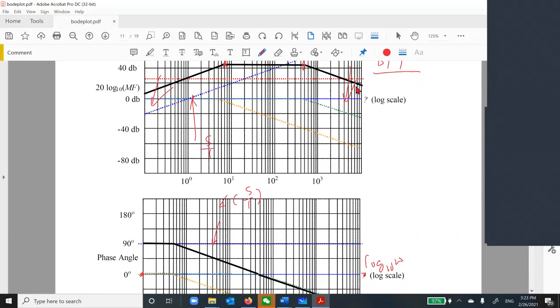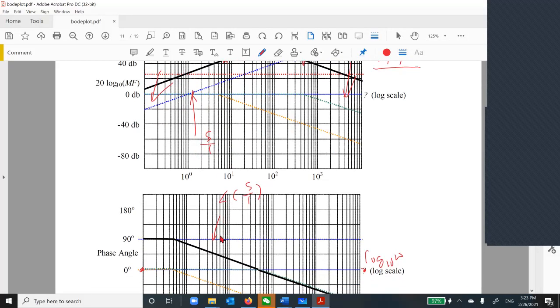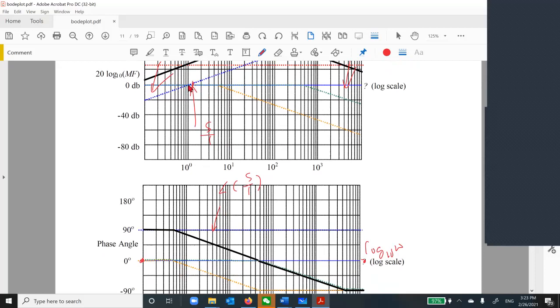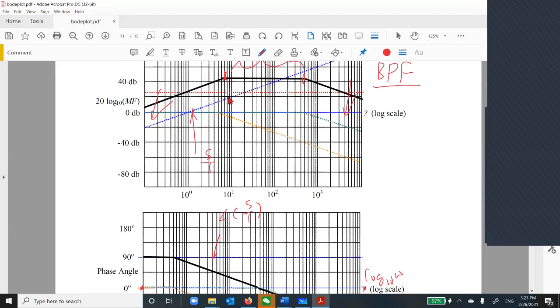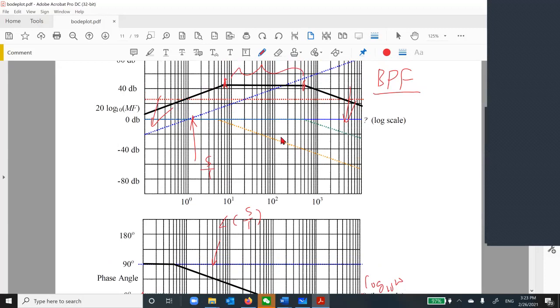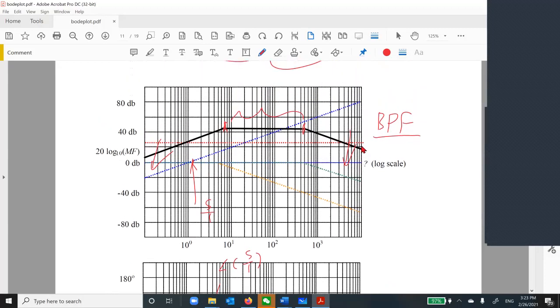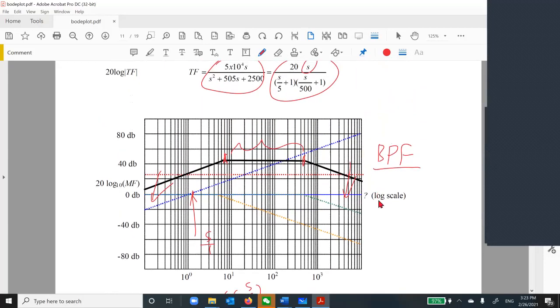So what is this orange one here? Basically, it's something like this, S divided by something. This is the center frequency. Let's go back and check the center frequency: 5 and 500.